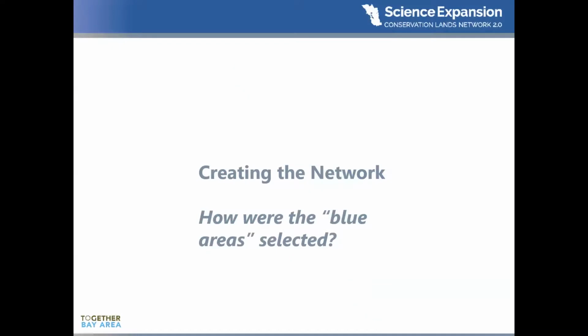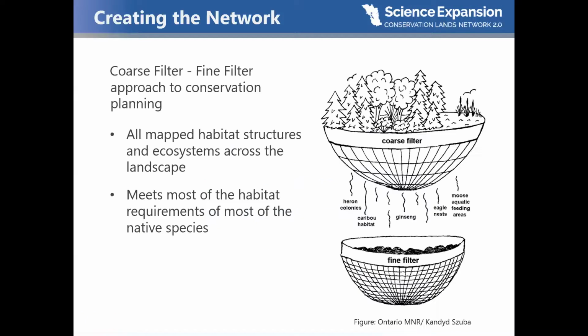But I want to take a moment to explain how the blue areas were selected, how the network was created. We use a time-tested methodology called the coarse filter, fine filter approach to conservation planning. The idea is that you start with a coarse filter, mapping habitats and vegetation types, and you start to prioritize based on those.